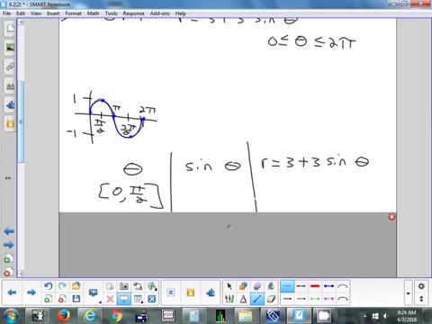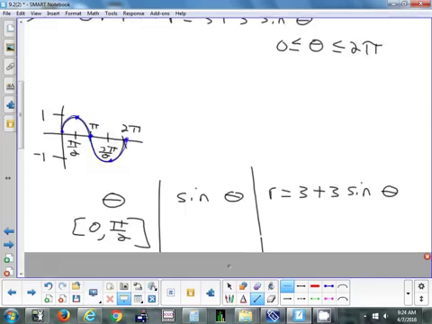Right, so I've got 3 columns. Okay, my angle for each interval, what's happening to the sine function on that interval, and then what's happening to the radius on that interval. All right, so what's happening to my sine function as I go from 0 to pi over 2?